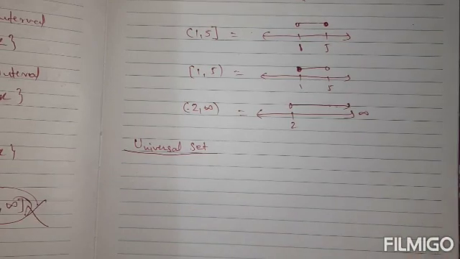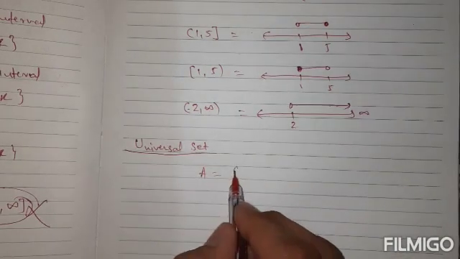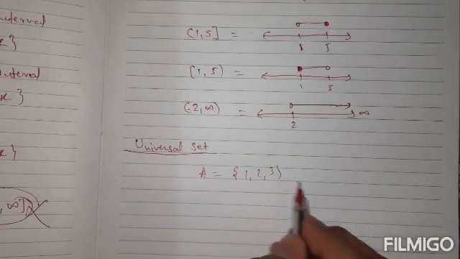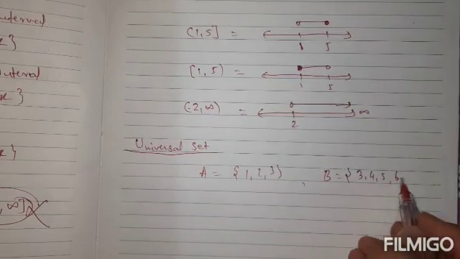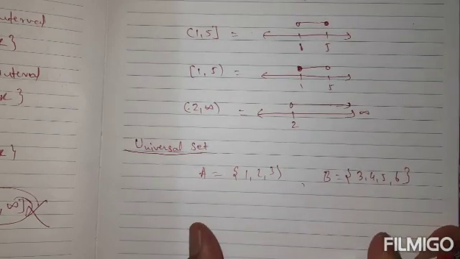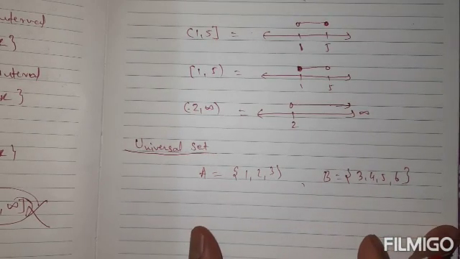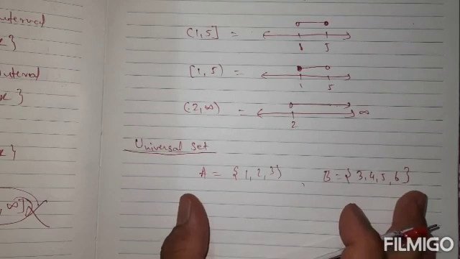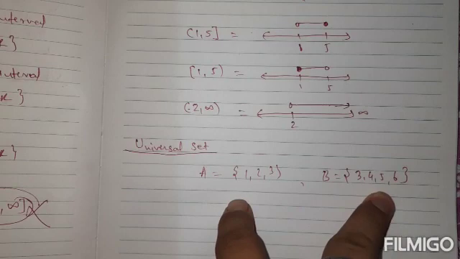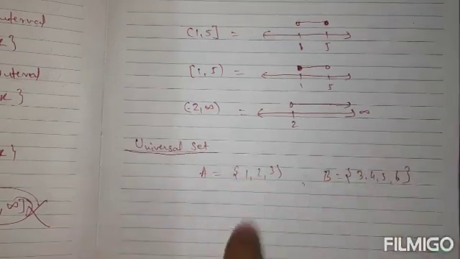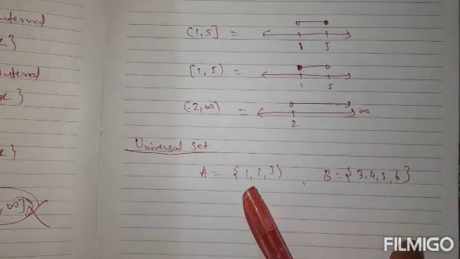See, we will use this in many questions. Suppose A is 1, 2, 3, and B is another set 3, 4, 5 and 6. If we are dealing with these two sets and doing some operations on them, sometimes we need a set of which these two are subsets, and that set is called the universal set.